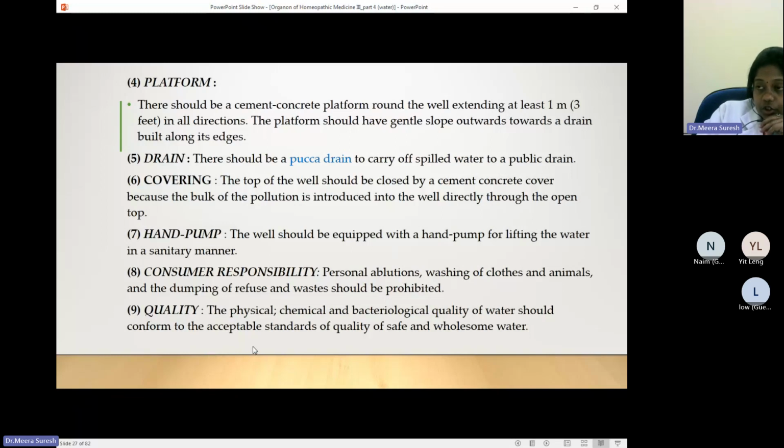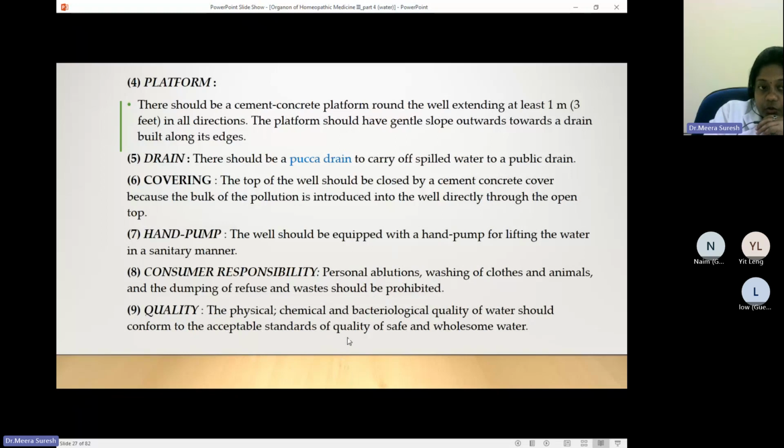And the quality of water should also be adequate. What those qualities are, we will see in the next few slides. So the physical, chemical, and bacteriological quality of water should conform to the acceptable standards of quality. Then only it will be called a sanitary well.